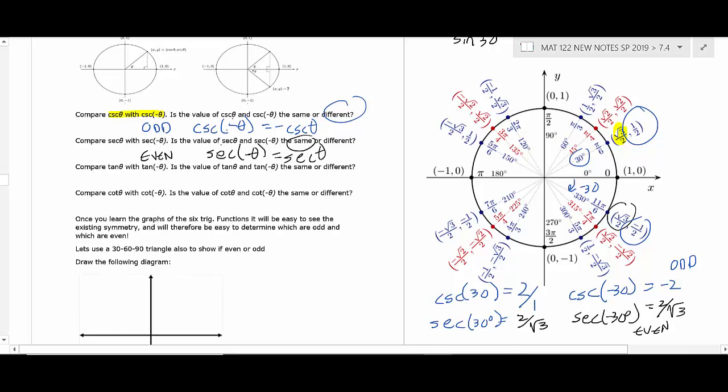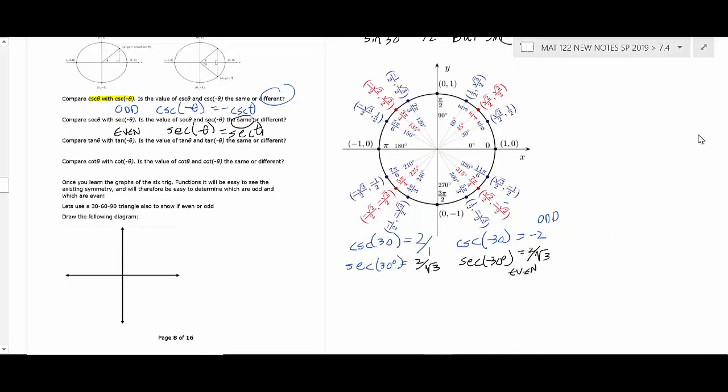Okay, the tangent works like this. Tangent might be a little bit harder for students to see sometimes. But if you look at this same unit circle diagram, let's pick some point, like 60 degrees, just for something different.